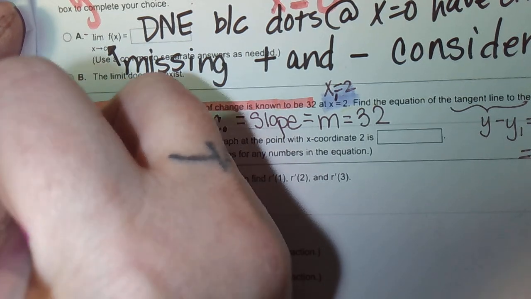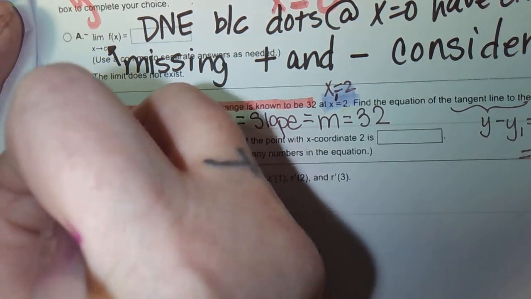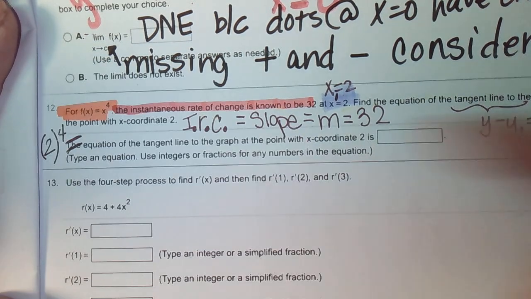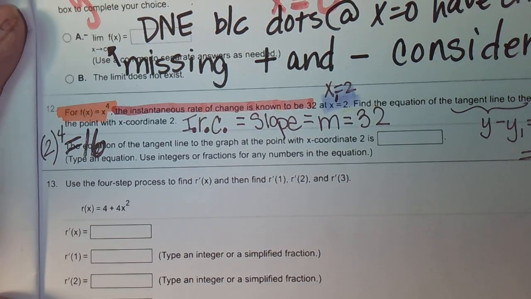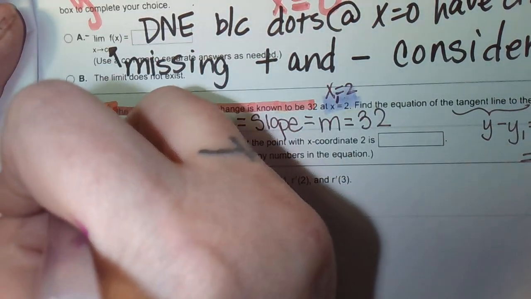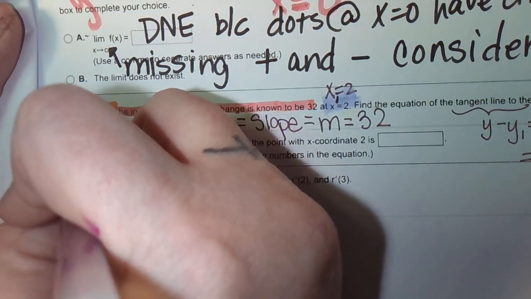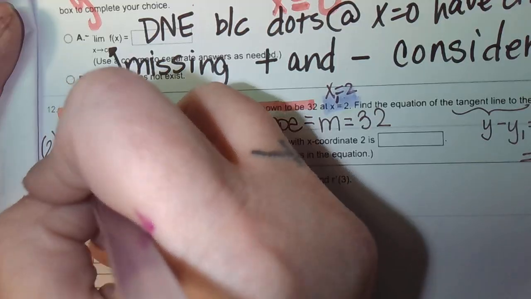So 2 to the 4th, let's see, 2 times 2 is 4, times 2 is 8, times 2 is 16. Hey, 2 to the 4th is 16, and this is my y value. y1 equals 16.